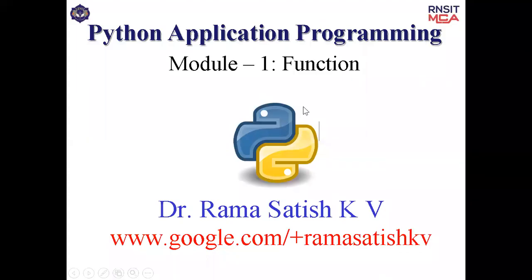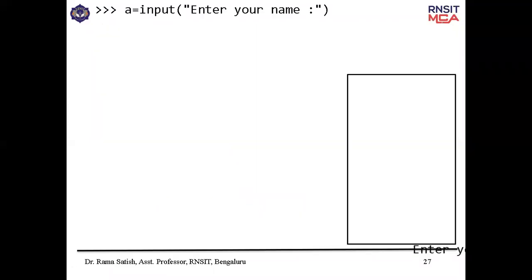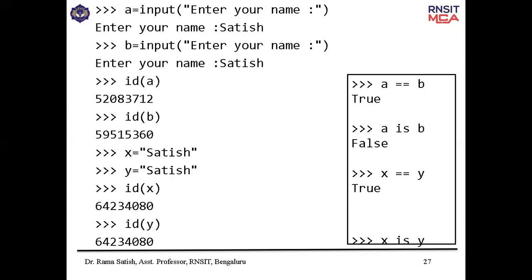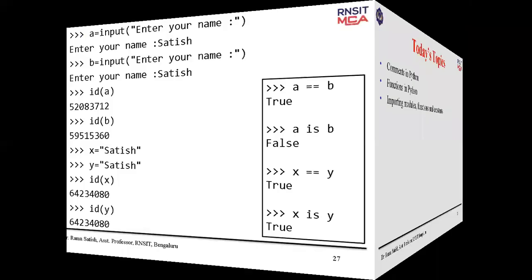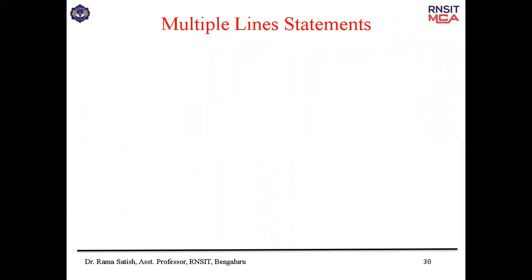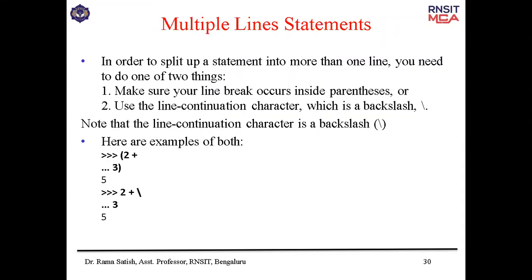Today we'll be discussing functions in Python. Last class we discussed the solution to the previous one, that is the equal to and is operators. Today we'll be discussing functions, and we discussed multi-line statements already.